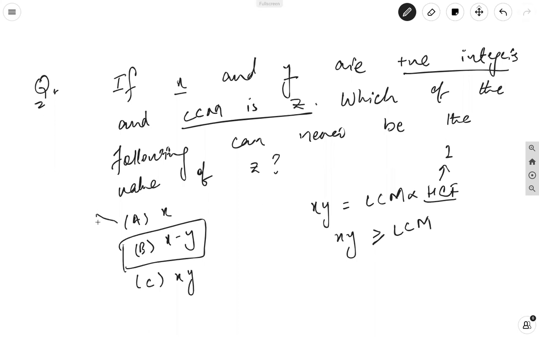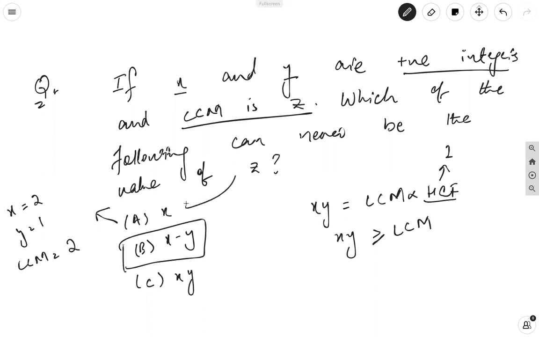Now, if we see the first scenario, take some value. X is equal to 2 and Y is equal to 1, right? So their LCM will be 2.